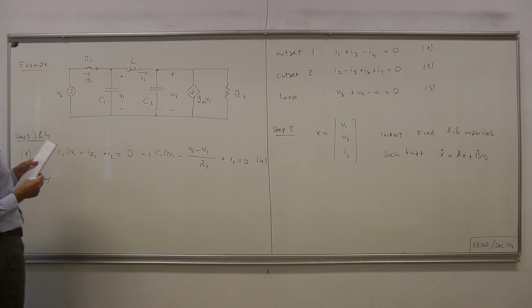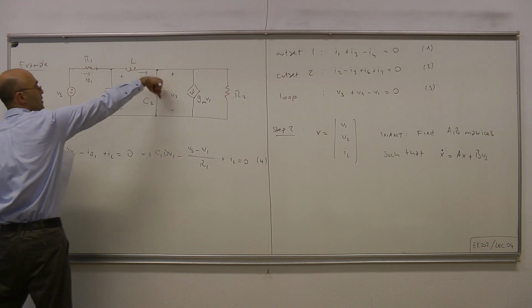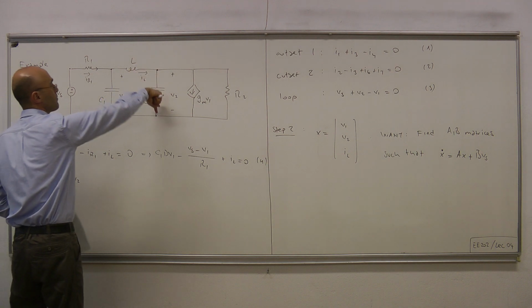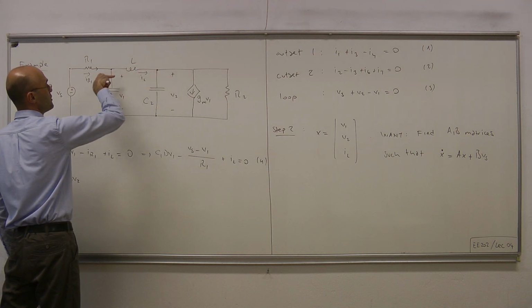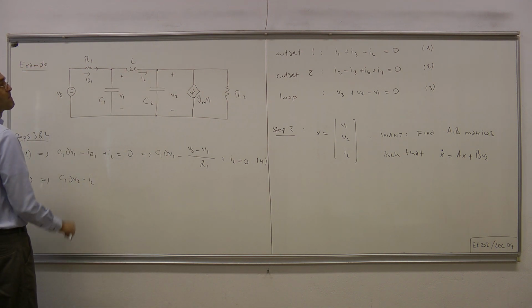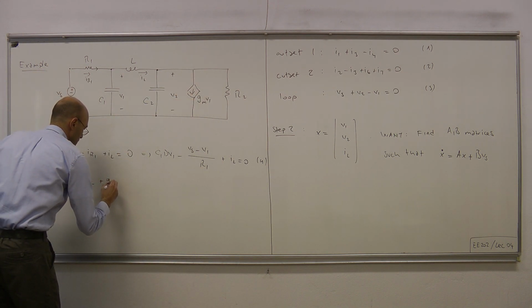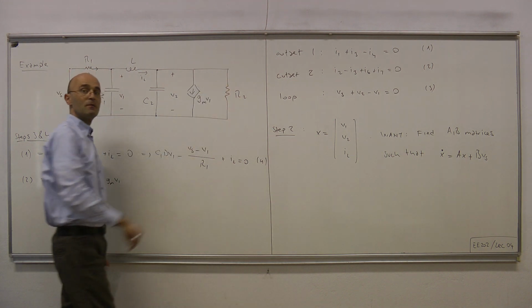I2 minus I3 plus I6 plus I7 equals 0. So I2 was this current, which is C2 dV2/dt. And then we have minus I3. This was IL, therefore this is minus IL. And we have I6, which is Gm V1. And finally we have IR2, that current.